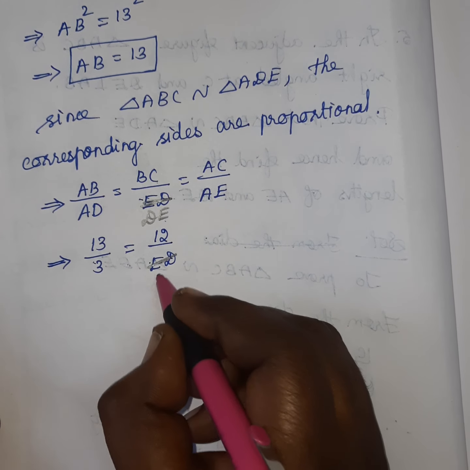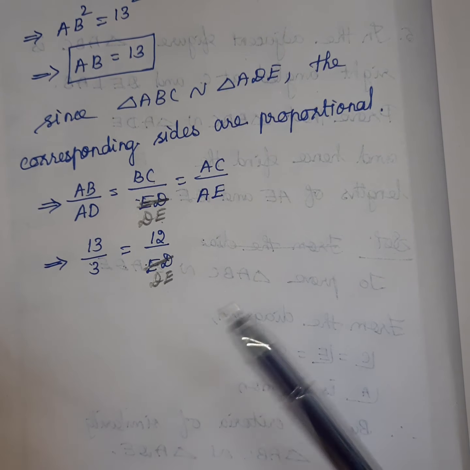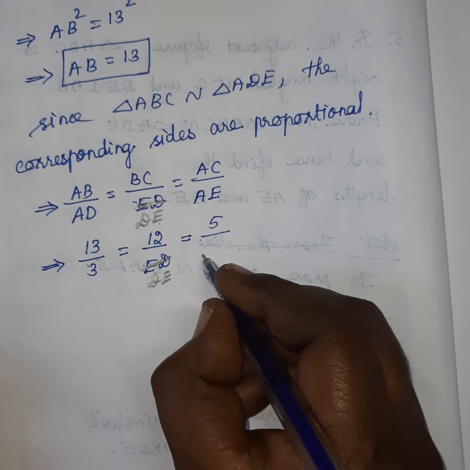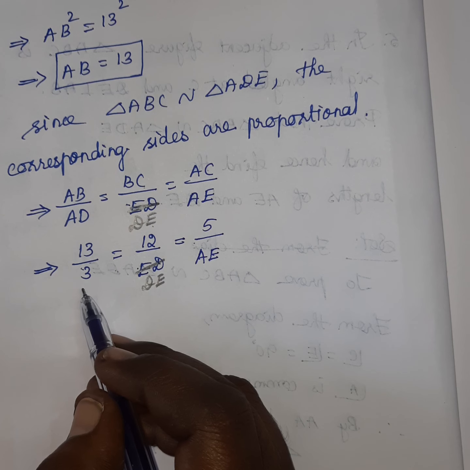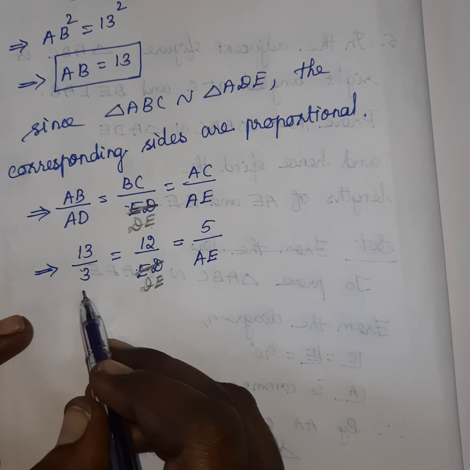So you don't write ED, it is DE. Then AC value is 5. Also we don't know the AE value. So with the first ratio only we know the numerator and denominator. We cannot reduce this ratio.